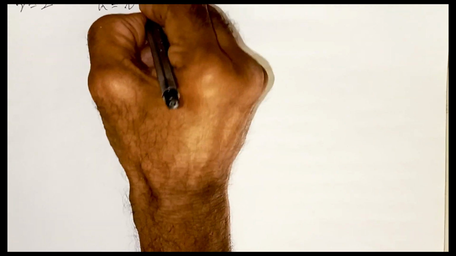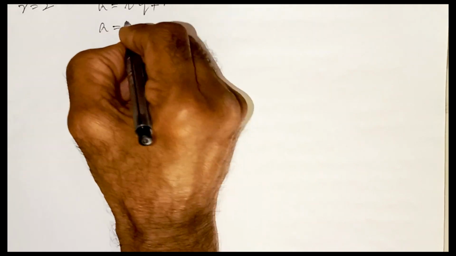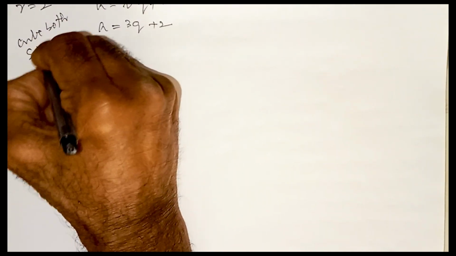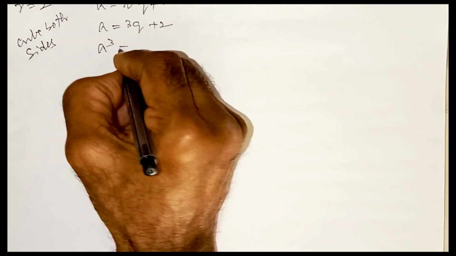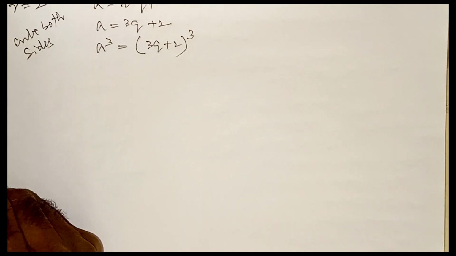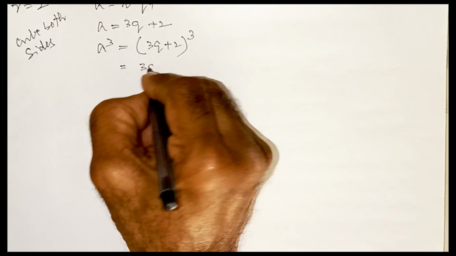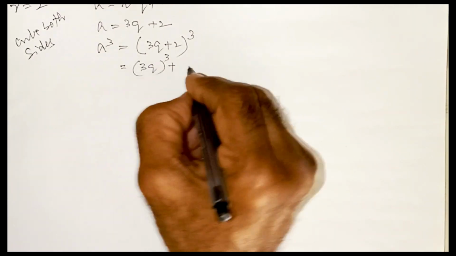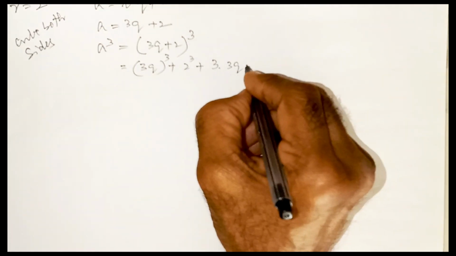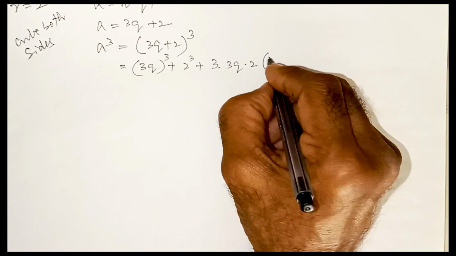Writing a equals bq plus r, a is equal to 3q plus 2. Now cube both sides. a cube will be equal to 3q plus 2 whole cube. Again, using the identity a plus b whole cube, it is 3q whole cube plus 2 cube plus 3 into 3q into 2 into 3q plus 2.